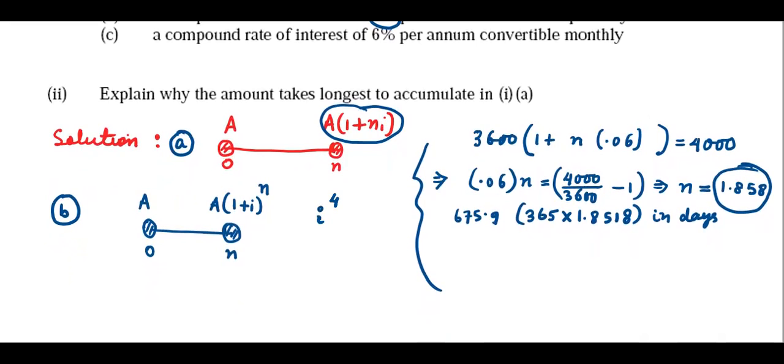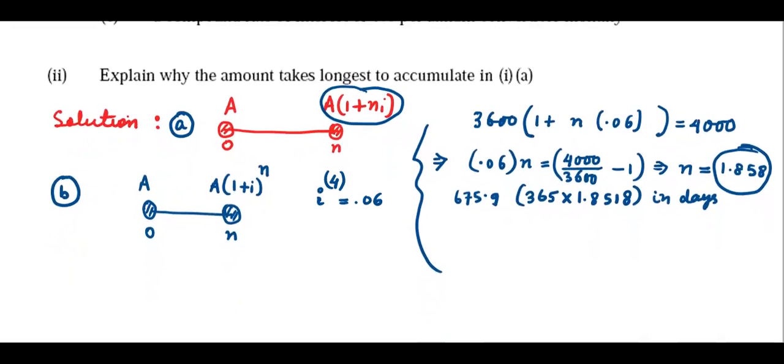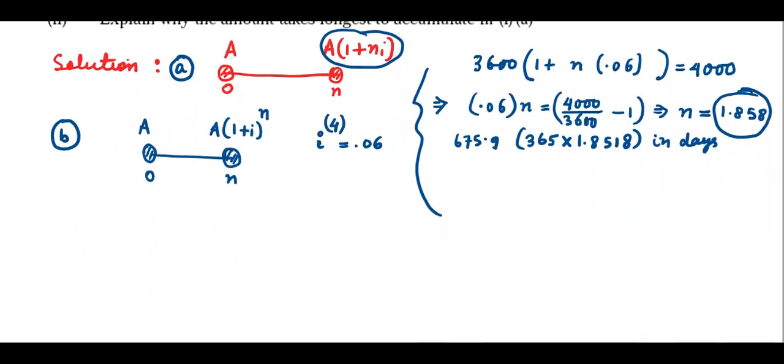I4 is given 0.06. So I4, you know A, and you know the accumulated value. Because I4 is given, you have two options. Let me write the equation for the question first: 3600 into 1 plus I power n, that is equal to 4000, the same as this one.